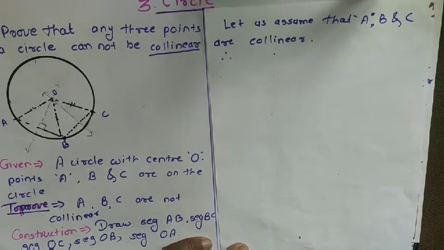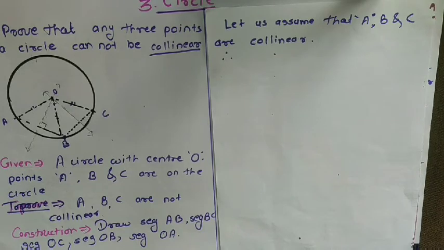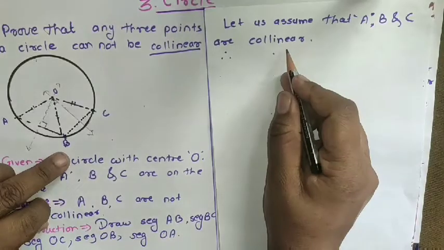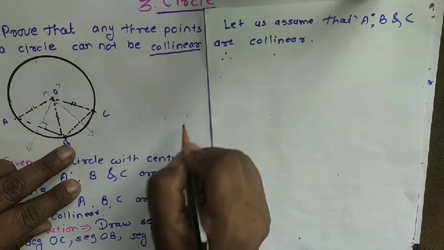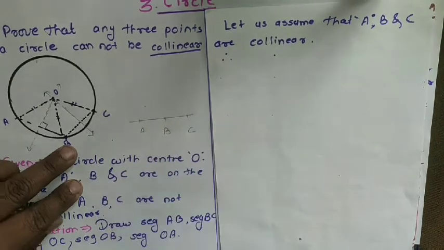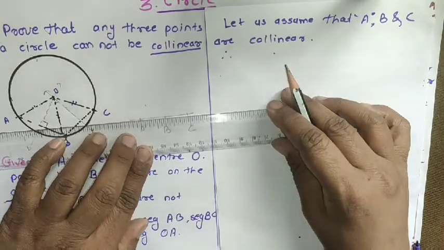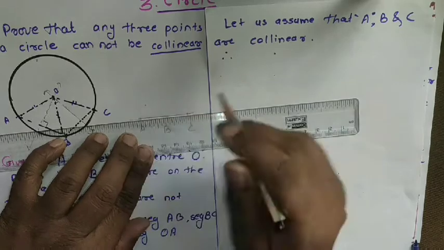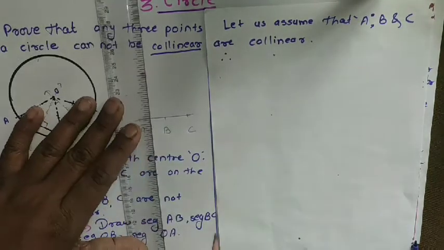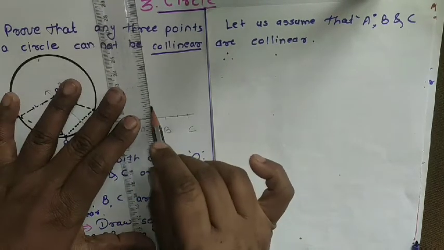If these three points A, B, C are collinear, then consider the perpendicular bisector of seg AB. Suppose I draw it here; actually they are not collinear, and this is the perpendicular bisector.